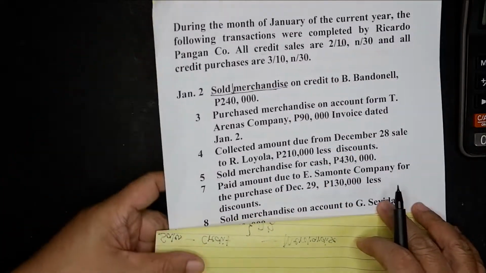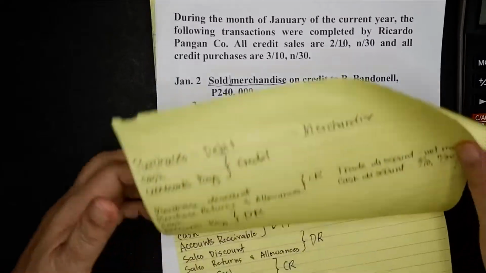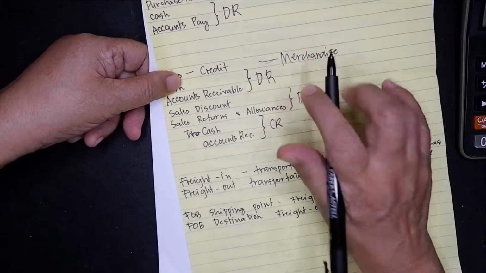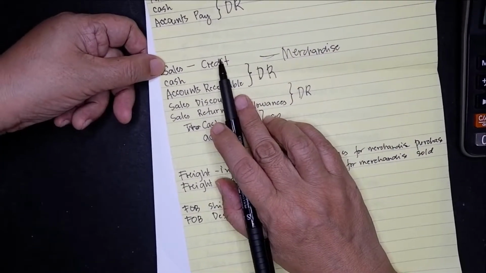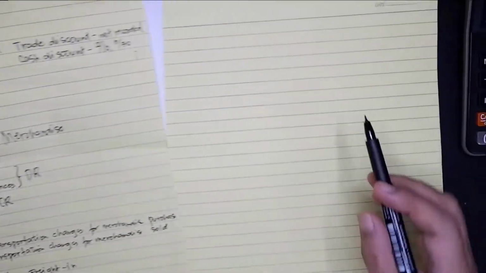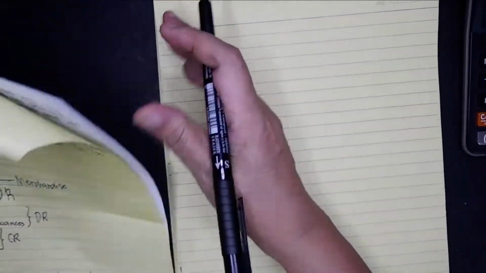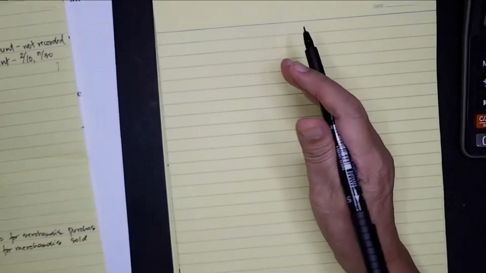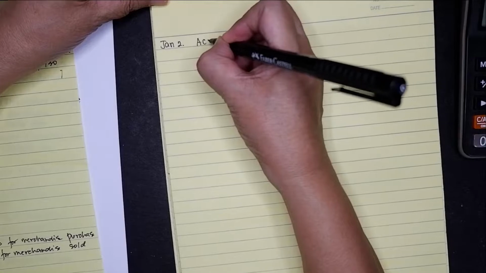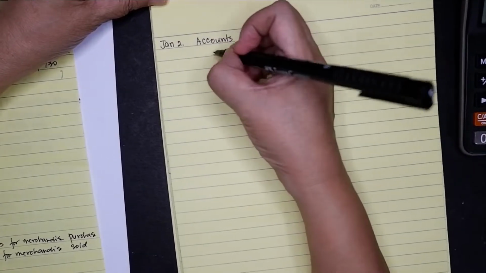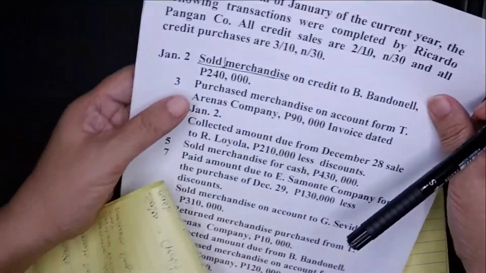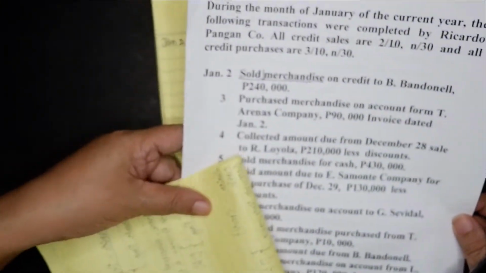It means it is accounts receivable. So our guide, sales is credit, and the partner is either cash or accounts receivable. So for January 2, debit accounts receivable and credit sales. How much is that? That is 240,000.